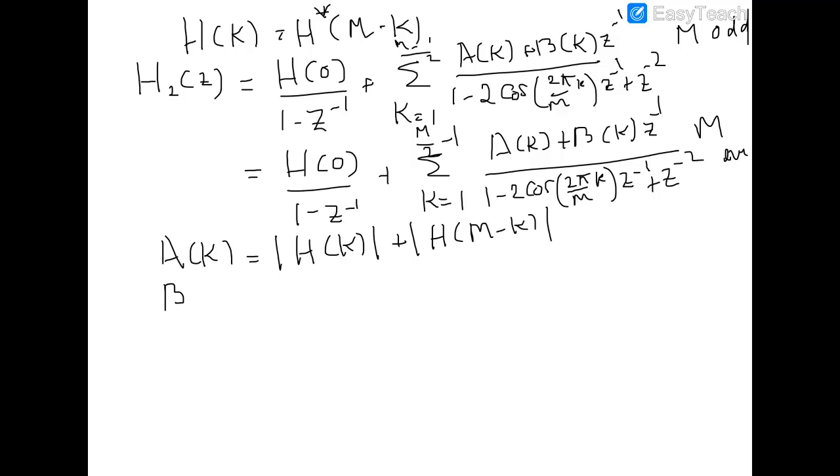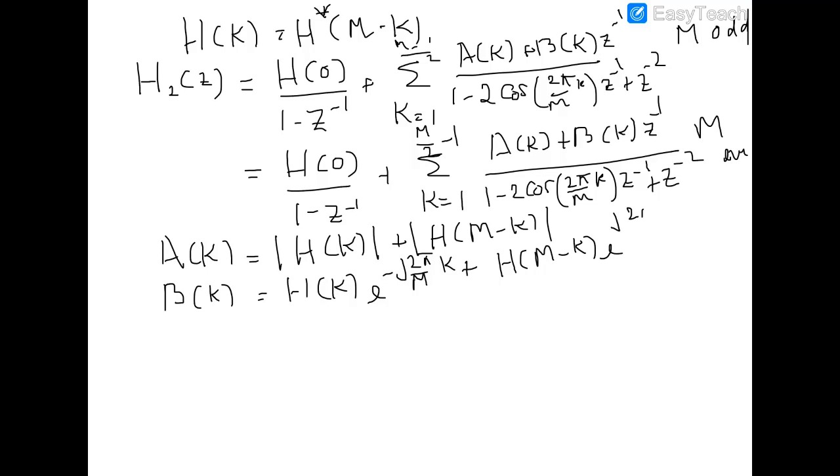B of k is defined as H of k e to the power minus j 2 pi by M k plus H of M minus k e to the power j 2 pi by M k. So, applying this, we have A1, A2, B1, B2.